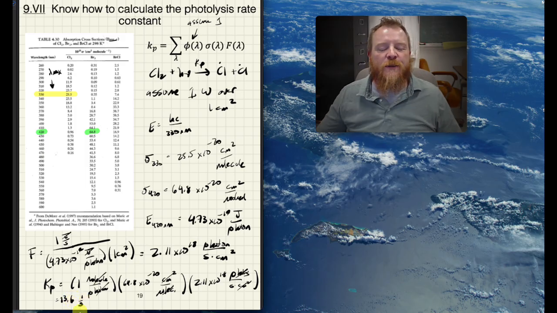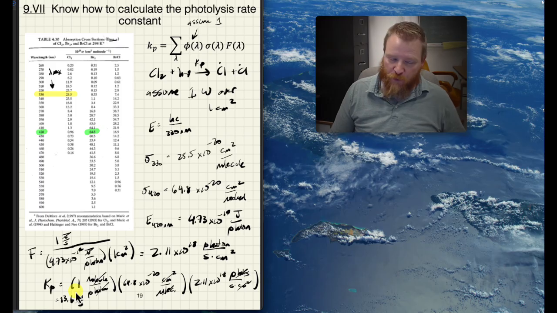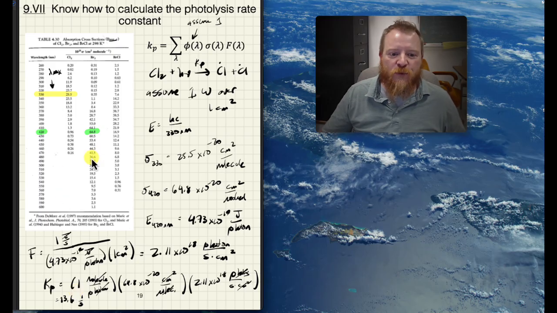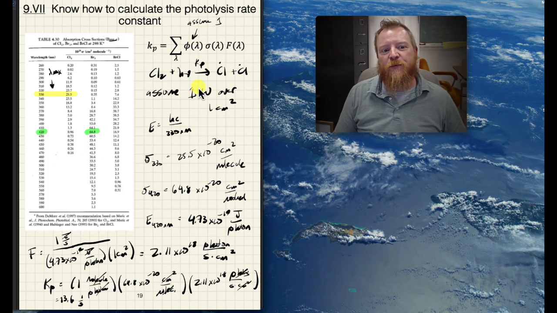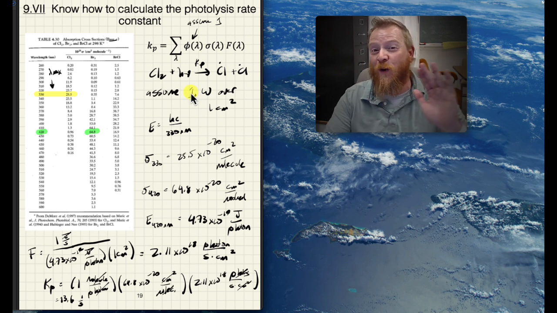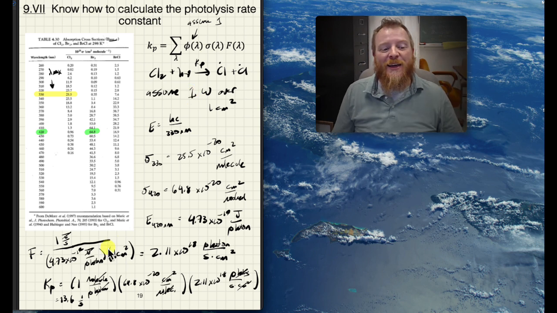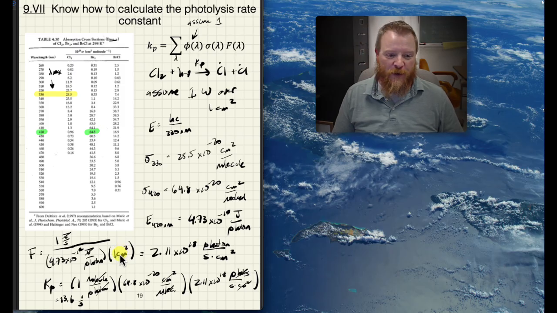In other words, if you pick the right lamp source and you pick the right wavelength, photolysis rate constants can be driven in quite a customizable way. We could have picked more power, and that would have made the rate constant go faster. However, if we would have kept that same power over a larger area, that would have diminished our flux, which would have decreased our photolysis rate constant.